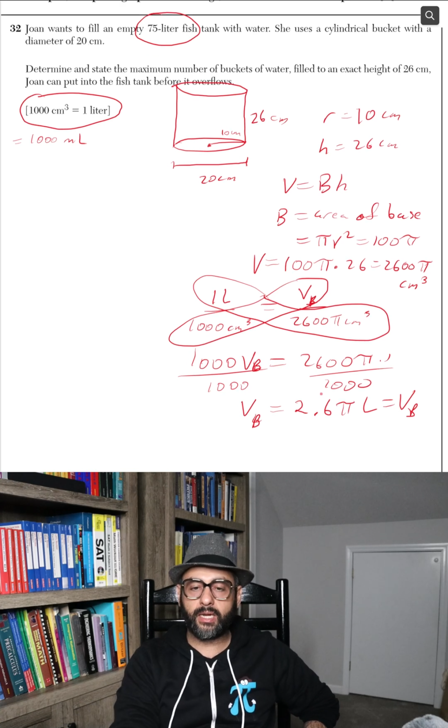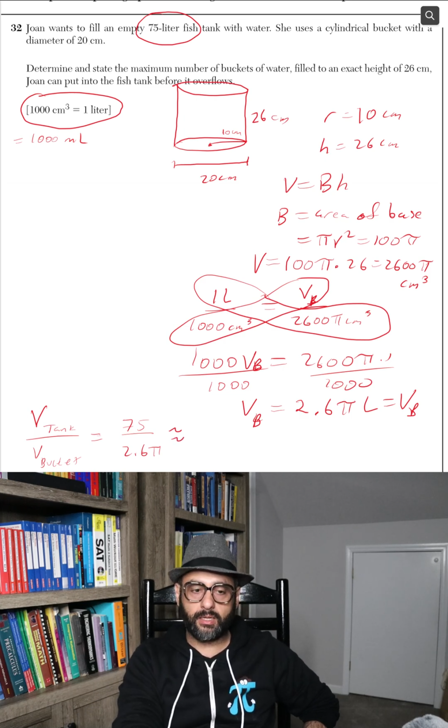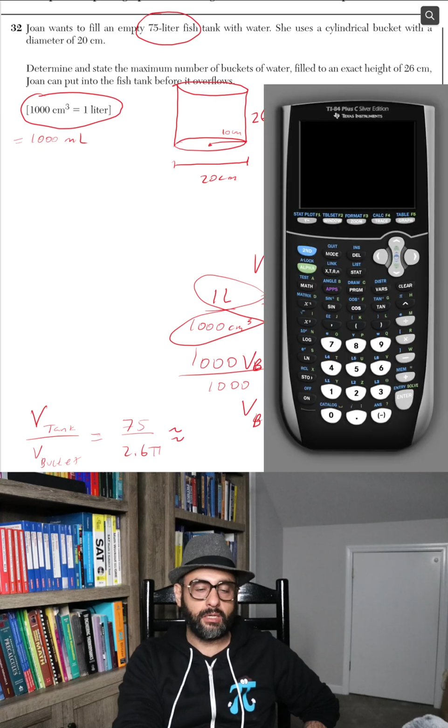And so then how do I get how many buckets it takes to fill the 75 liter fish tank without overflowing? So then it's V of the tank divided by V of the bucket. And that's equal to 75 over 2.6 pi, which is approximately, now the calculator is going to tell me a decimal answer.